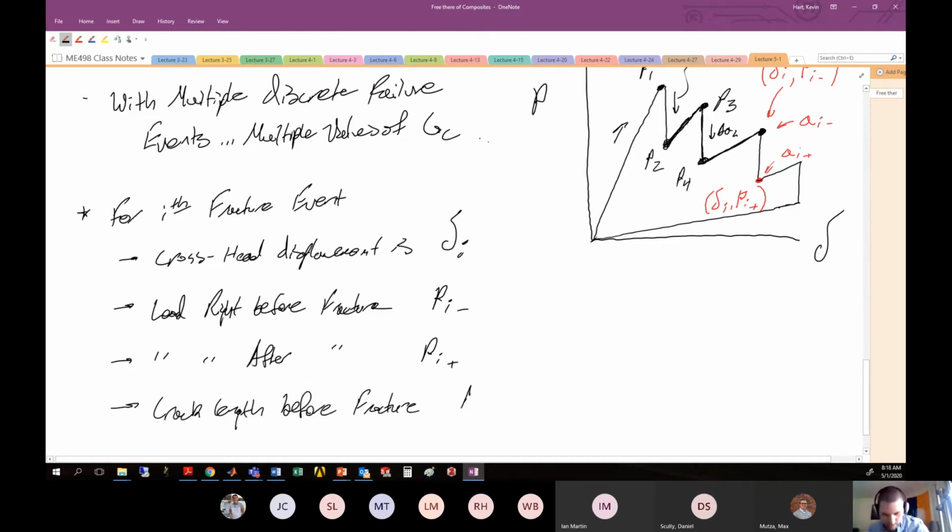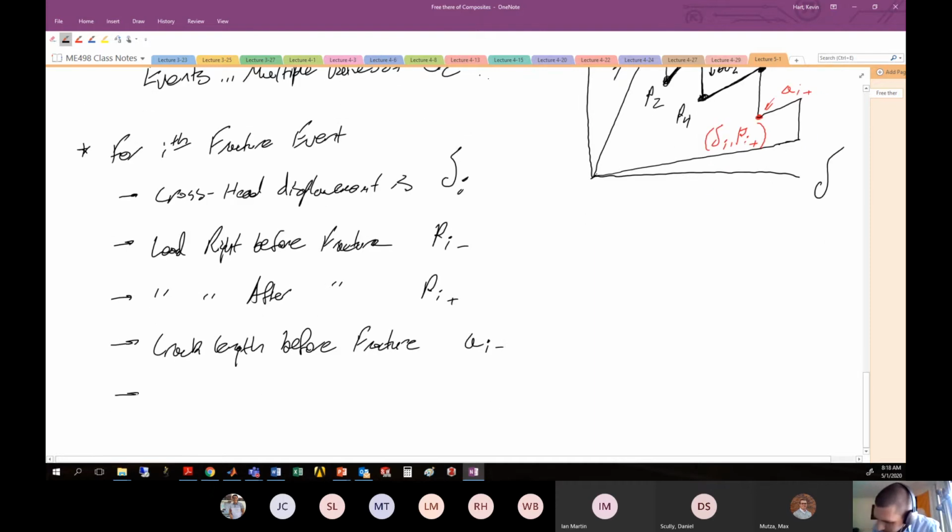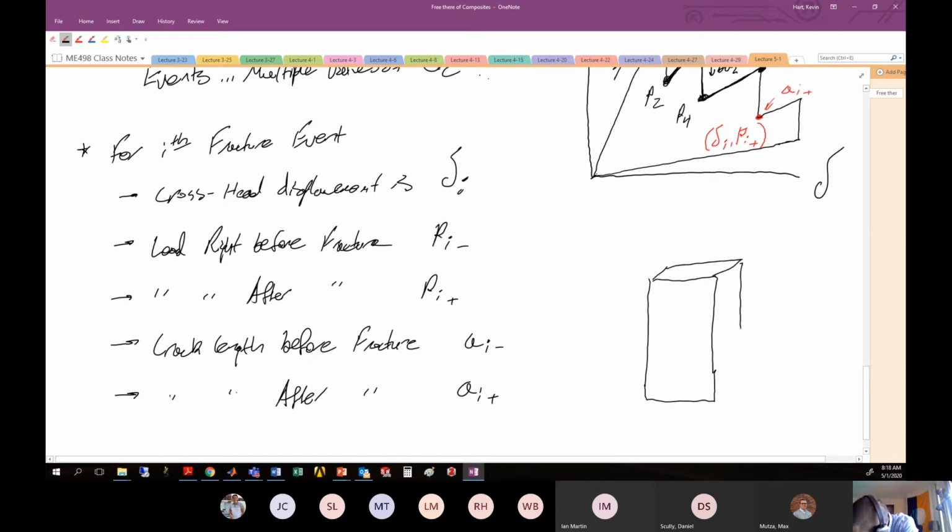Here is going to be the total crack length, Ai minus, and then the crack length after fracture is Ai plus. All right. And when I refer to crack length here, if I'm looking at a sample, and it's fractured up to here, and then the additional fracture that we incur is this length, then Ai minus is this original length.